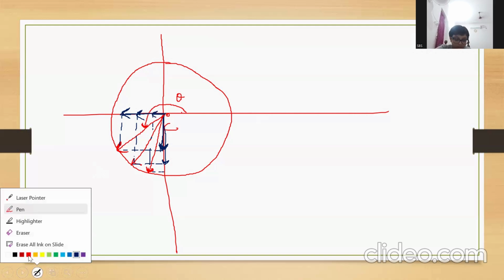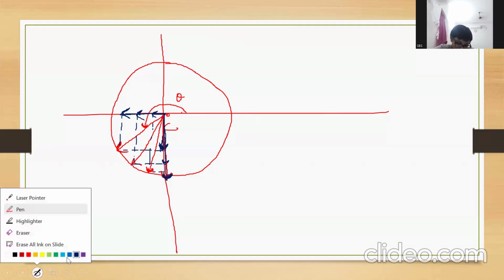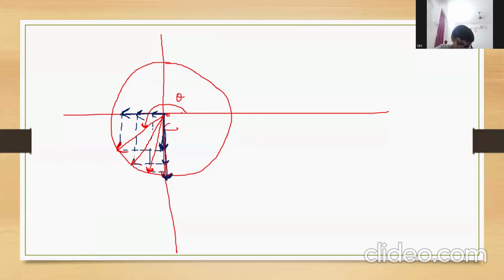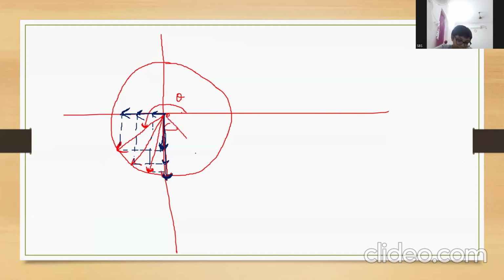And when the given vector is exactly like this, in this case you will see there is no projection on the x-axis, but on the y-axis the projection will be full, like this. Clear? If you are going more than that, for example, your vector is like this, here theta will be like this from the x-axis.